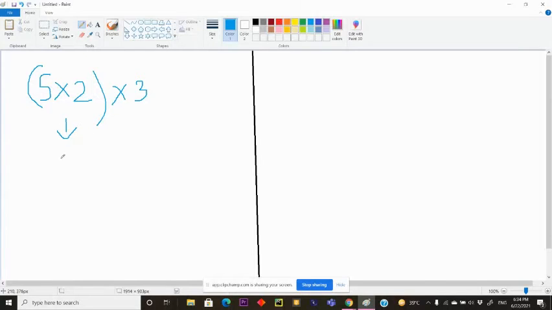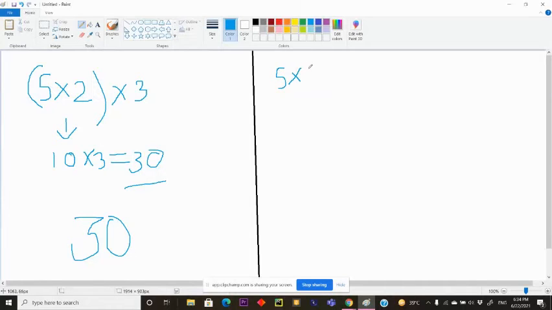So this will come as 10, and if we multiply this into the number over here, the 10 into number 3, we will get 30. And the answer is also 30 over here.